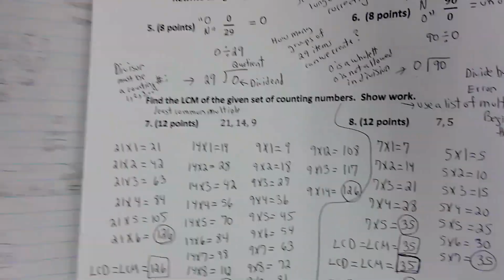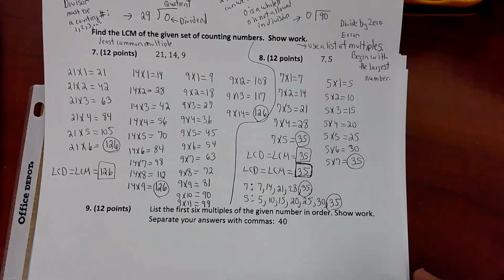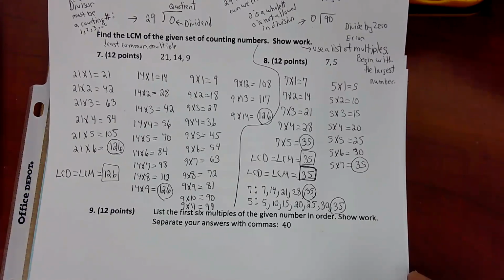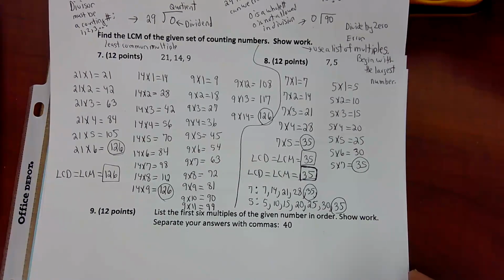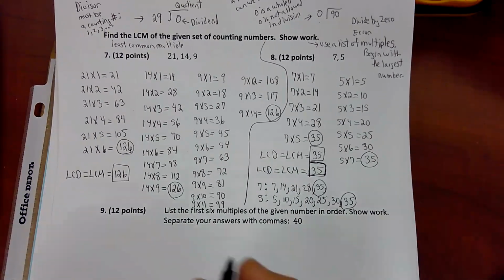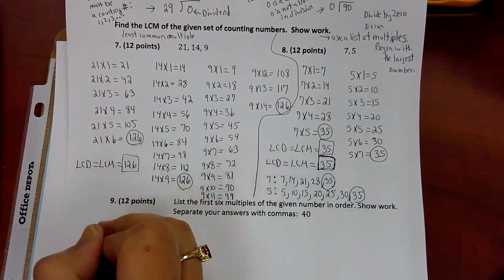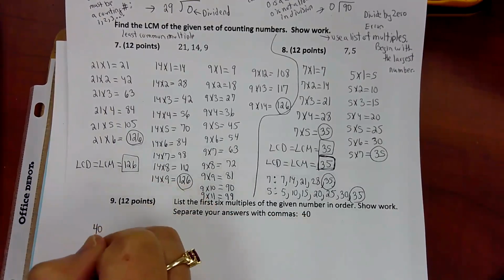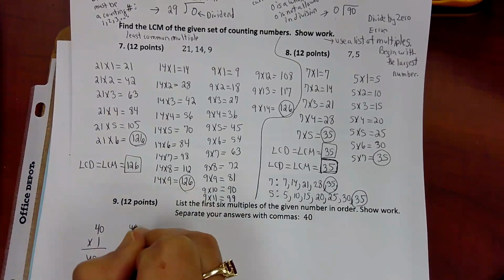All right. And then the last problem: list the first 6 multiples of a given number in order. Show work, separate your answer with commas. So again, here we want to show you multiply. 40 times 1 is 40. 40 times 2.